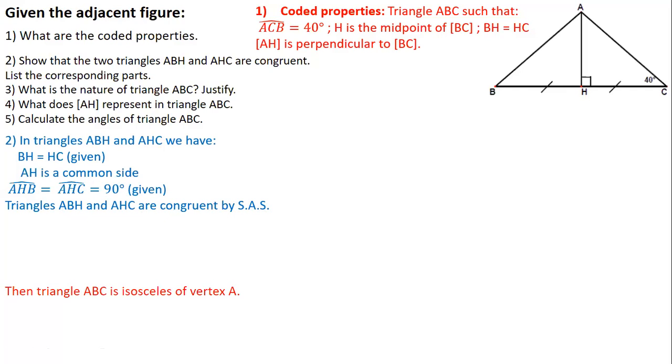Ali Nasir al-Din. Yes, what are the homologous or the corresponding parts, Ali Nasir al-Din? The corresponding parts are ACH and ABH. Are equal. Yes. So if ACH is 40 degrees, what will be ABH? 40 degrees.